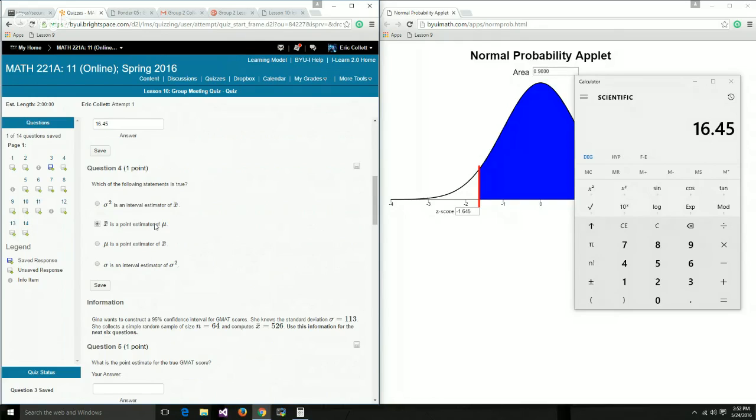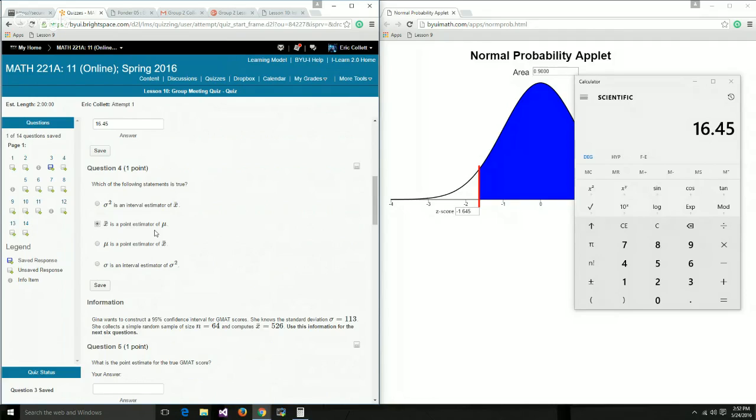May I offer a tip? Typically, and I've never seen an instance where this is not the case, when we have a Greek letter like mu, that's for the population. And when we have a regular letter like the x bar, we're talking about a statistic.